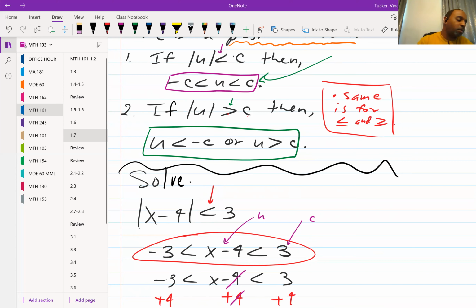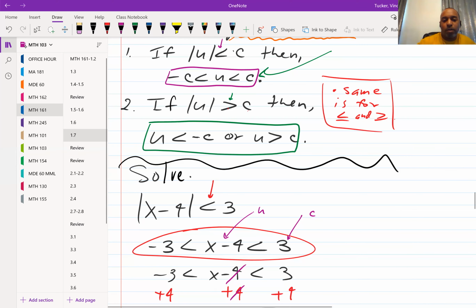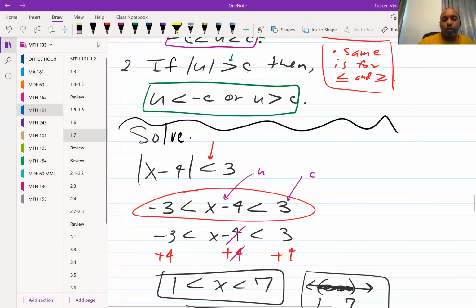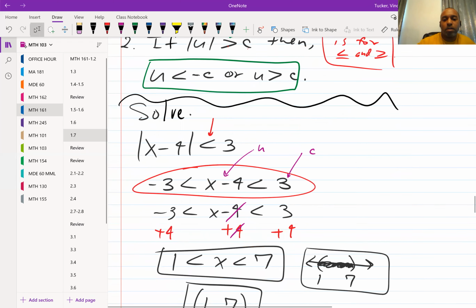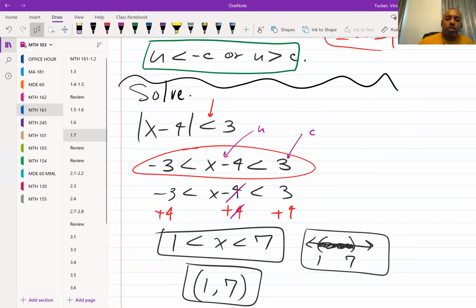All right, any problems with that? Then from there, you solve the 3-part inequality by adding 4 to all 3 parts. That'll give you 1, x in the middle, 7 on the right. Shade in the middle of 1 and 7, parentheses over both.